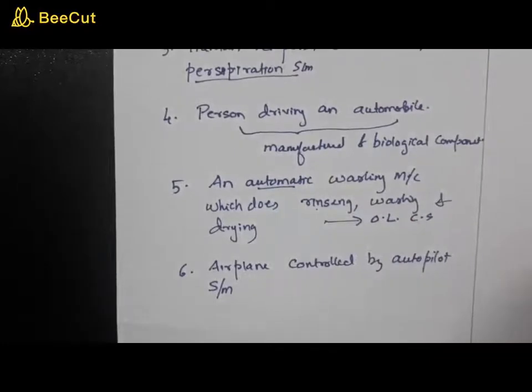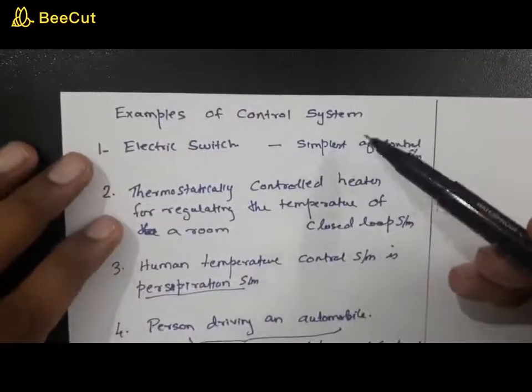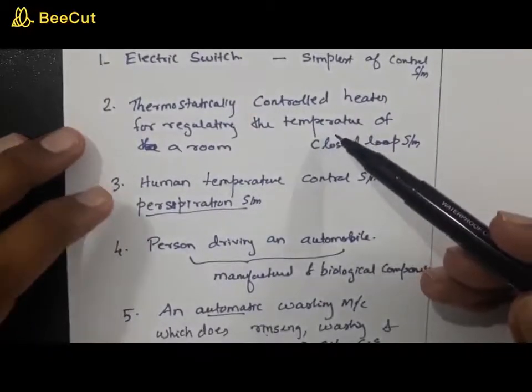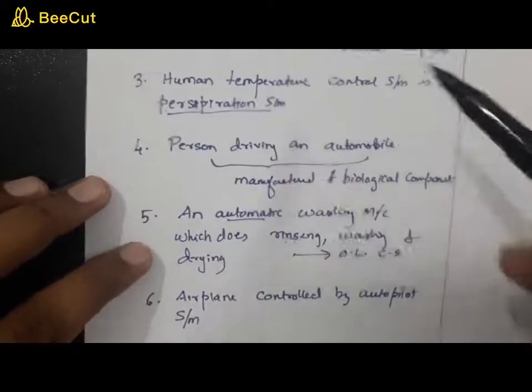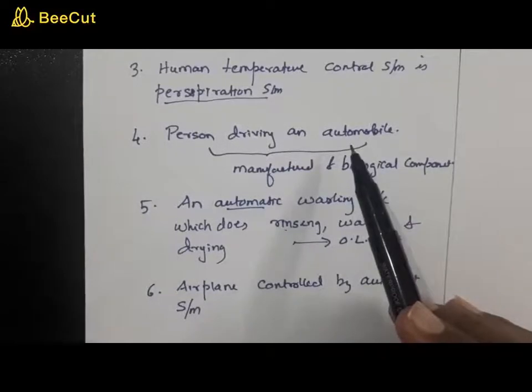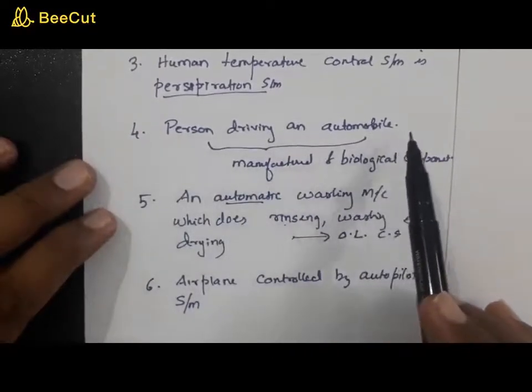Some variable is controlled. For example, in the electric switch, we know the flow of electricity is controlled. In a thermostatic controlled heater, temperature is controlled. In automobile driving, the driving direction and the speed are controlled.